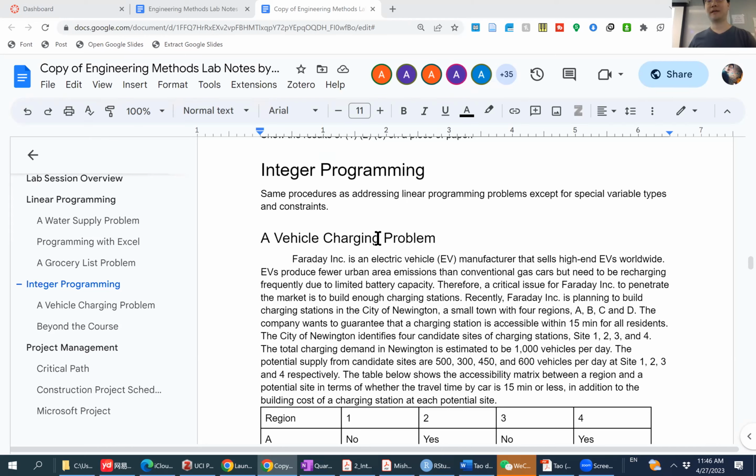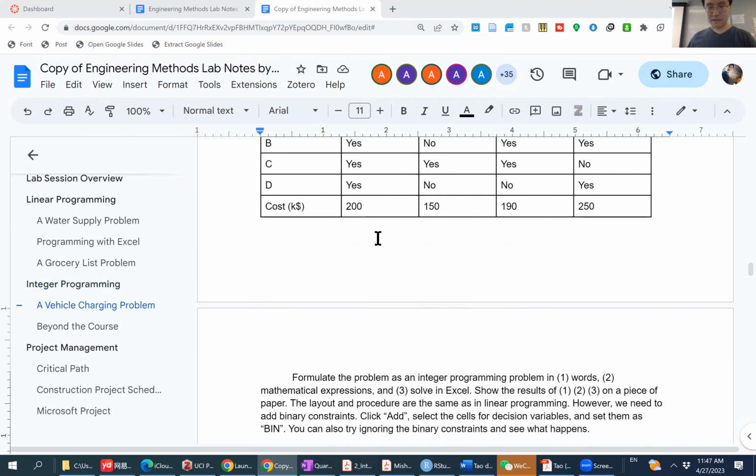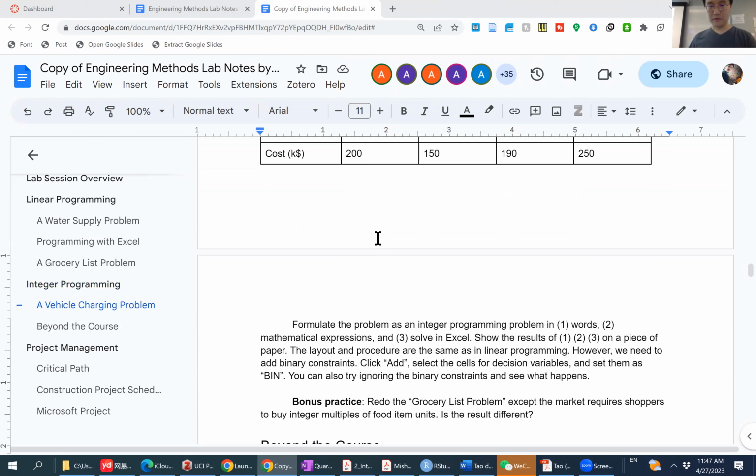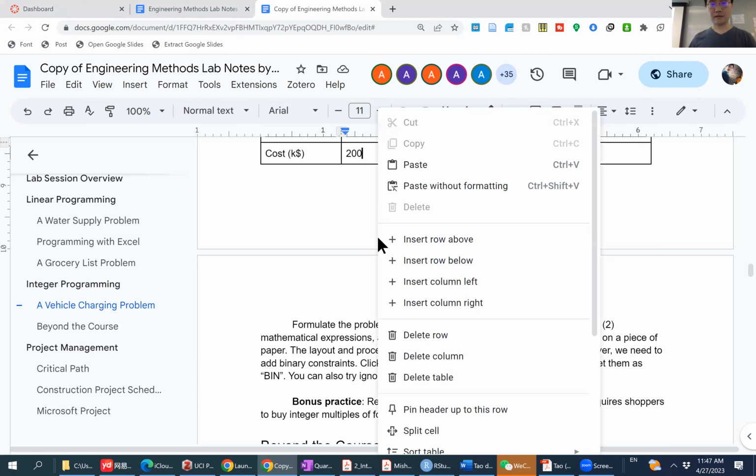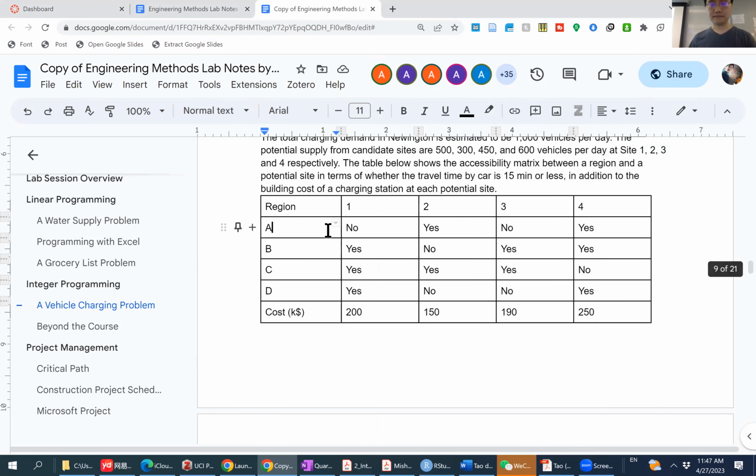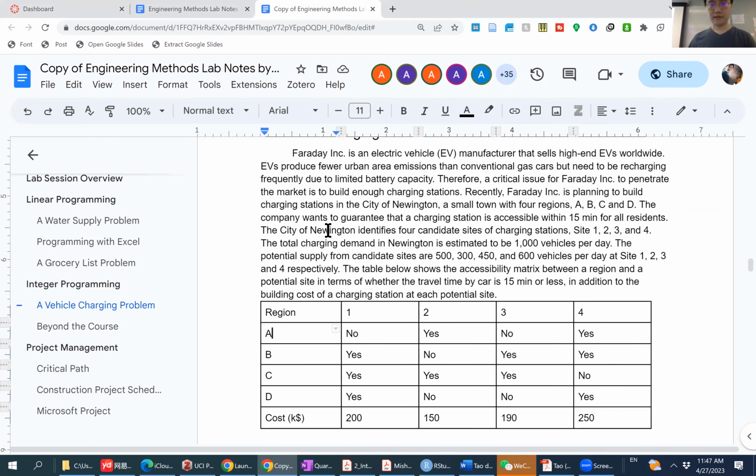I provided some hints for this problem. So one is that when you do it in Excel, you might want to choose BIN, which stands for binary, in terms of the constraint. And when you construct the constraint formula, you should consider using zeros for no and ones for yes.